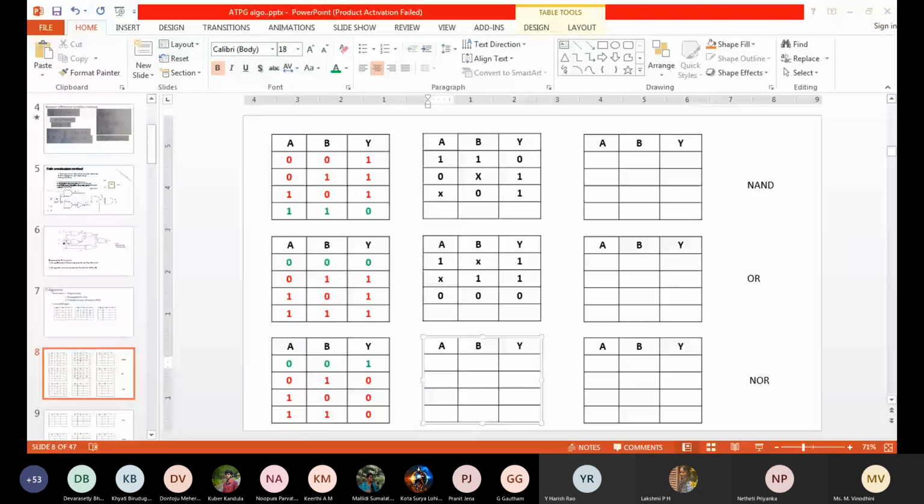For NOR gate. What happened, Gautam? Now I'm going to the other person. Vinita. B section, Vinita. Yes, ma'am. Can you tell?